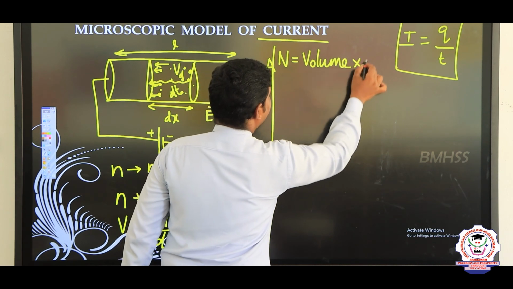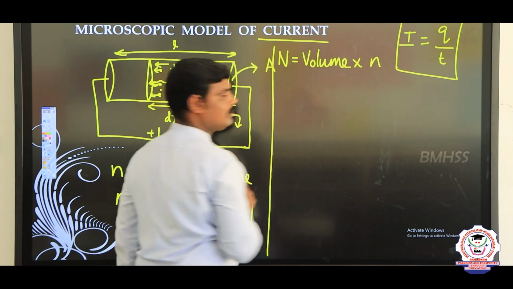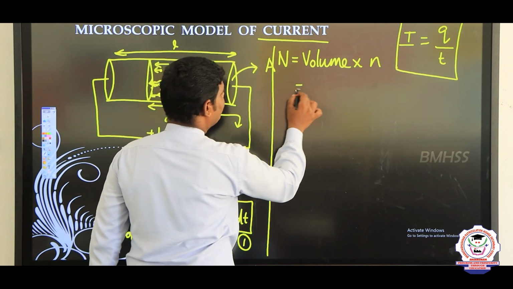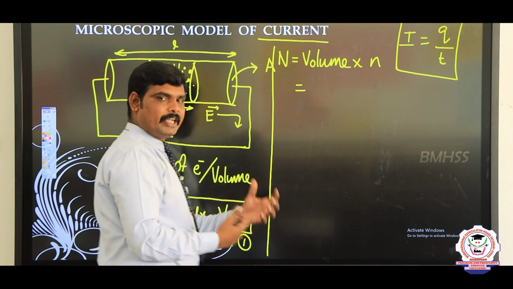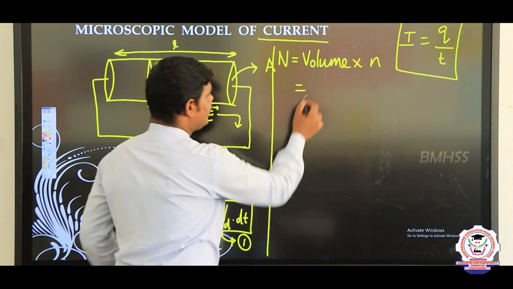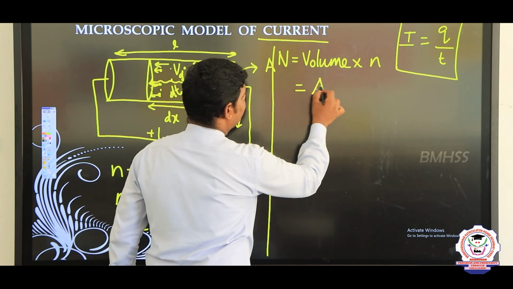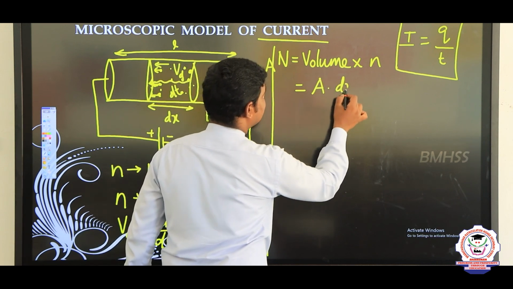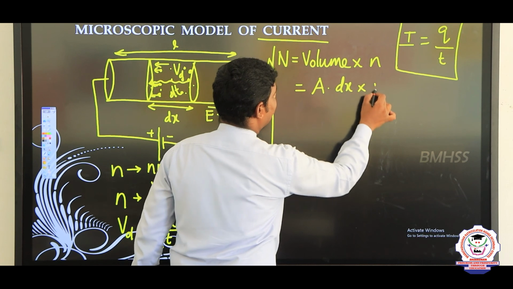This volume we can write as area A into length dx, into n.